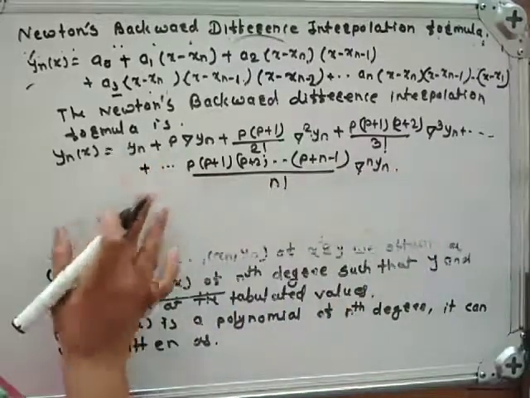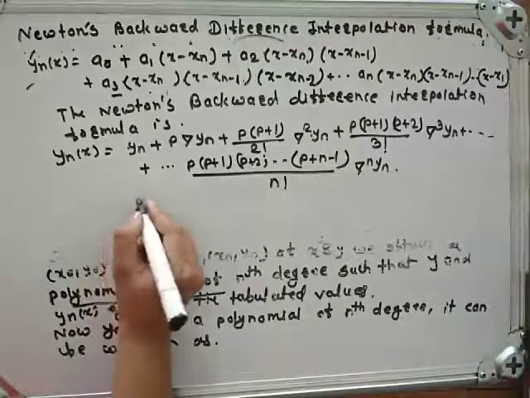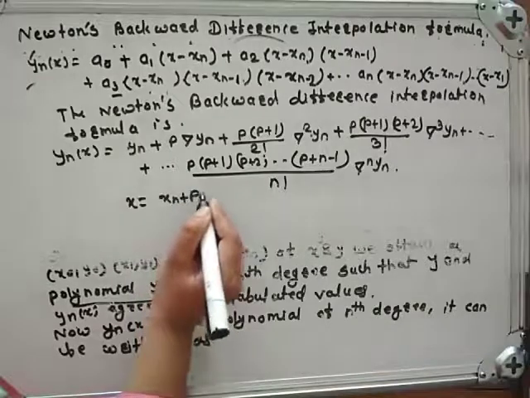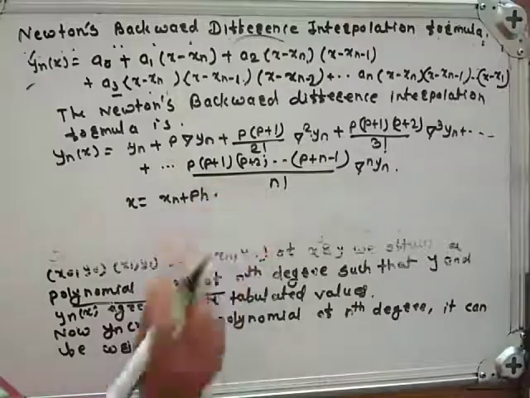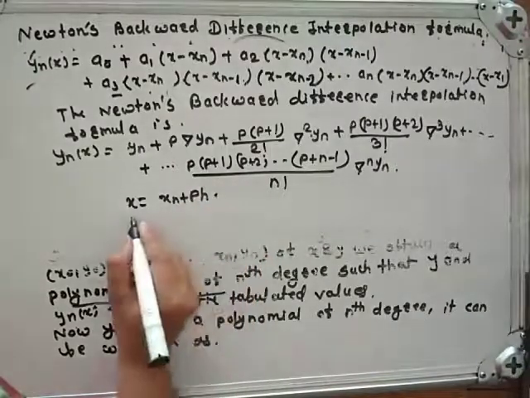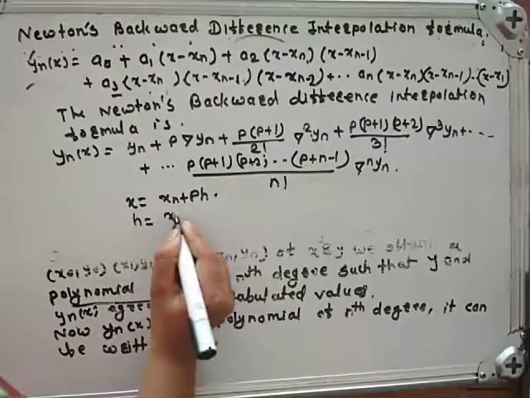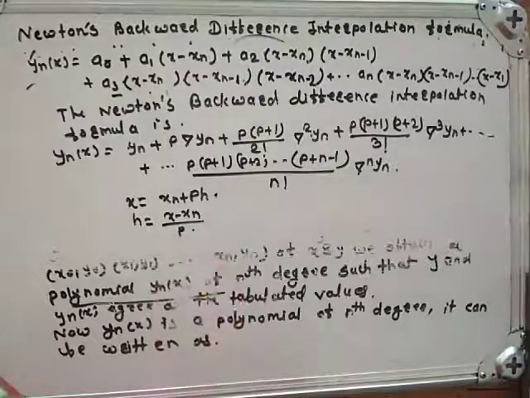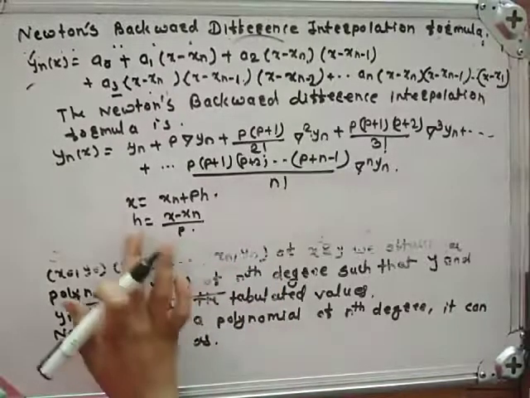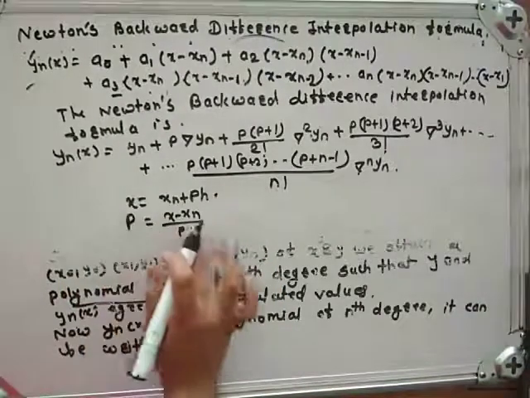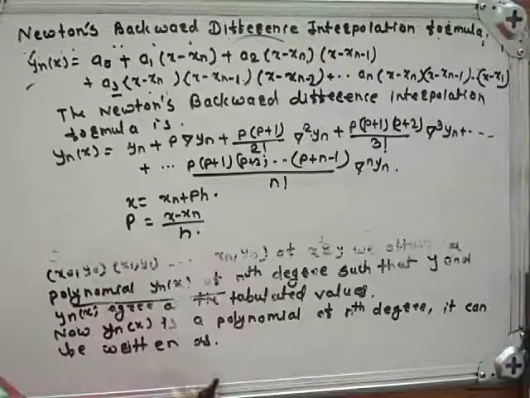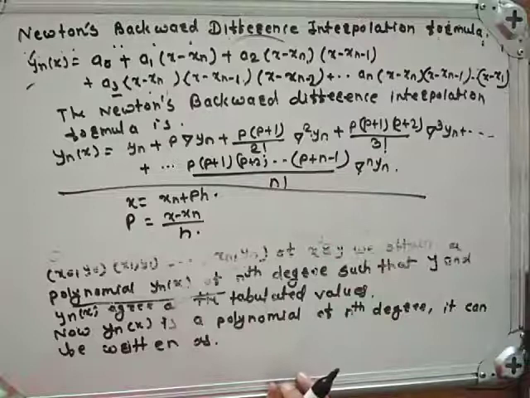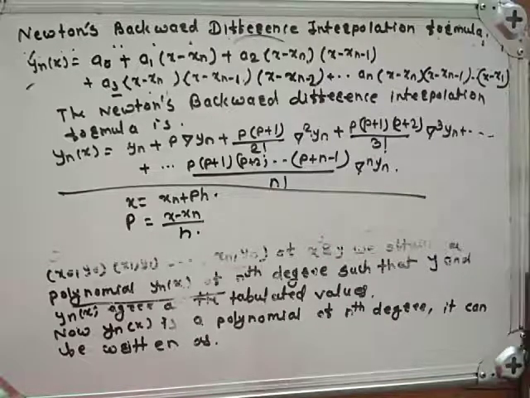This is the Newton's backward difference interpolation formula. Here x = xn + ph, so p = (x - xn)/h. This is the Newton's backward difference interpolation formula.